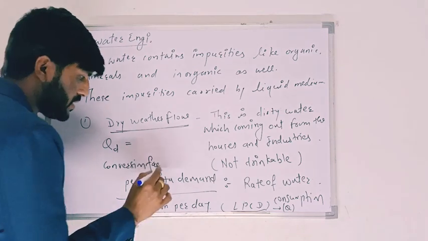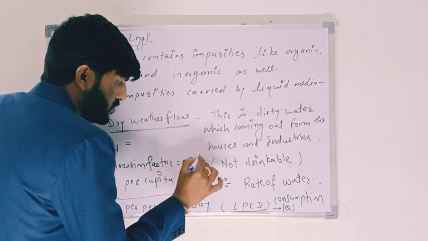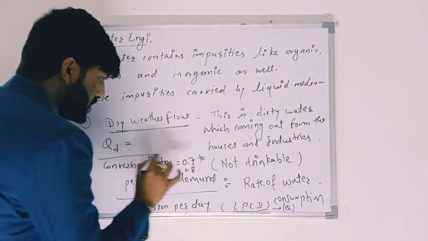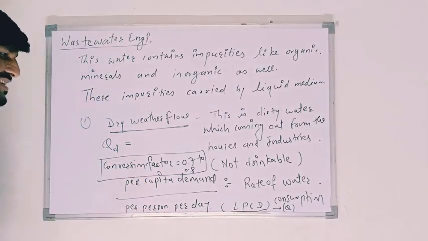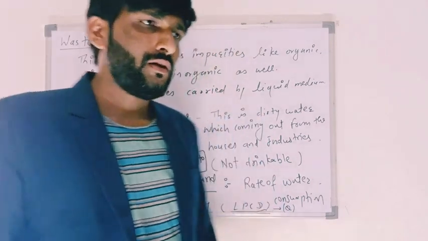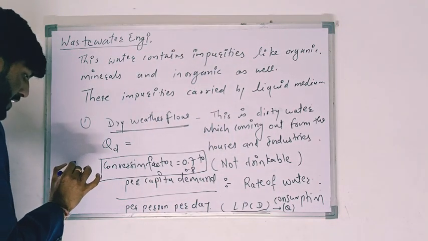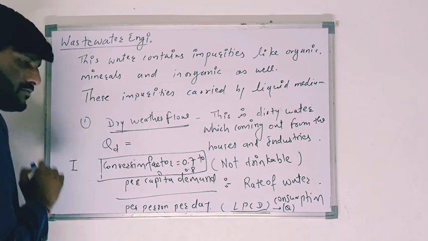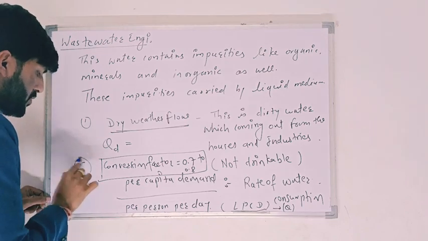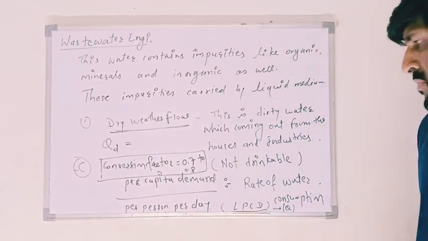You should use the conversion factor, and its value is about 0.7 to 0.8, varying according to your municipal department. I take it as C, the conversion factor.